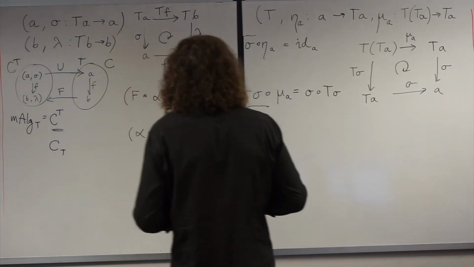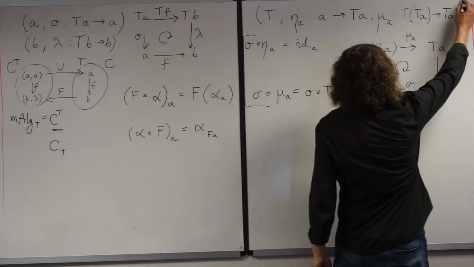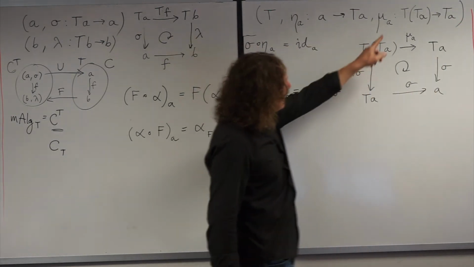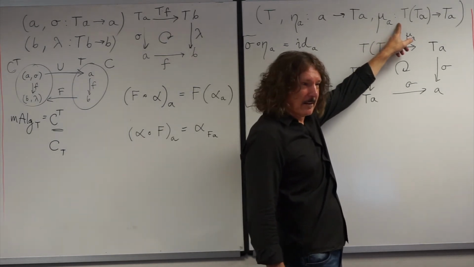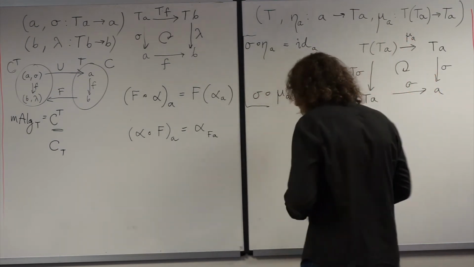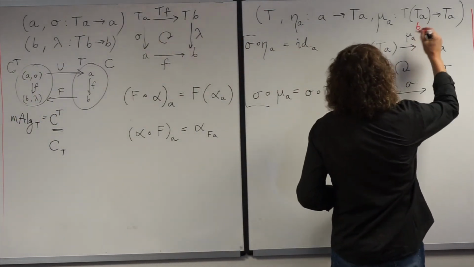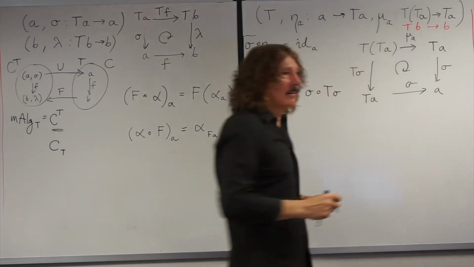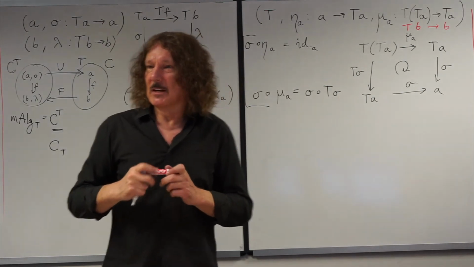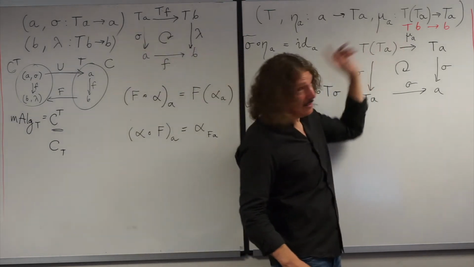Well, let's look at the definition of the monad. Look at this. We have something that looks like an algebra. If I rename this thing to some B, say, then I have TB going to B. That looks like an algebra. Now, this is a natural transformation.